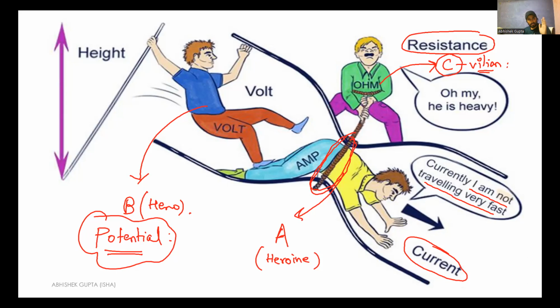So in the story named Current Electricity, we have three characterizations. First is the current, next is the potential, and third is the resistance. Current wants to flow, potential is the one responsible for making the current flow, and the resistance opposes the motion.